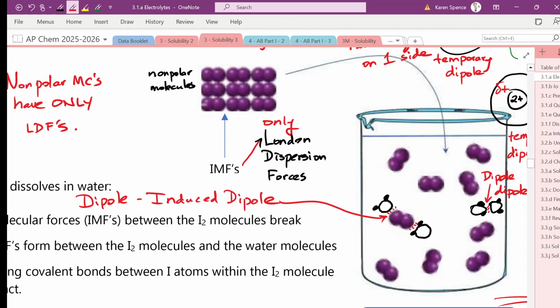Iodine is more soluble in water than, say, bromine or chlorine or fluorine. Iodine is more soluble in water than the other halogen molecules. Why is that? Have a chat about that.